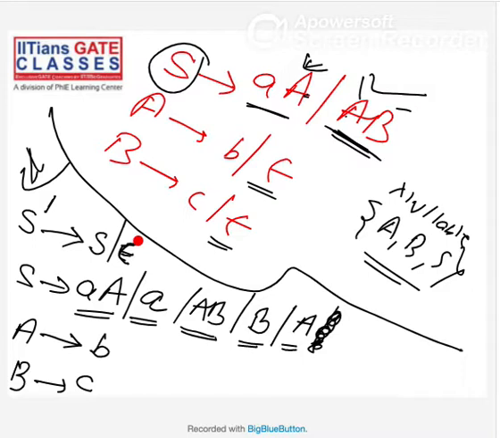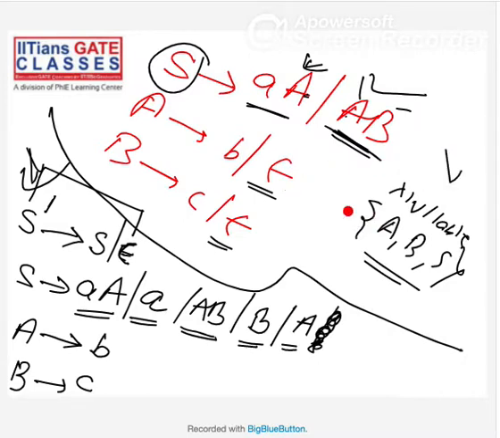Of course, if your language contains the null string, then you definitely want to have at least this one null production; you cannot remove it. This is the only null production that you cannot remove. If your grammar generates the empty string, then for example, here you can see the grammar that we have taken.